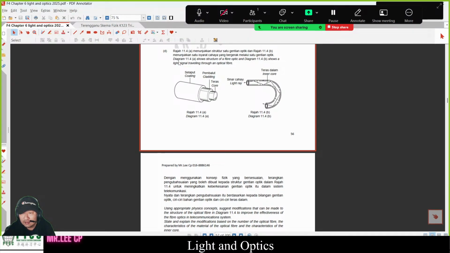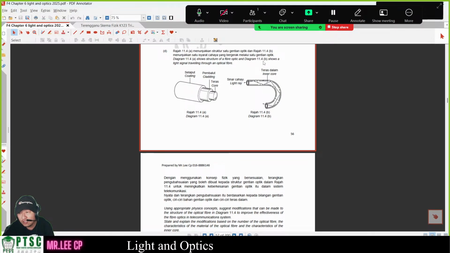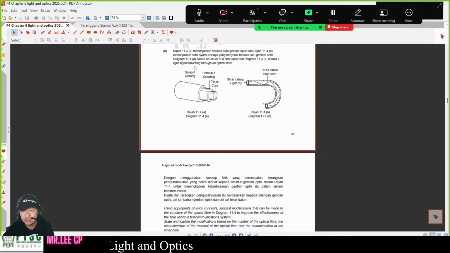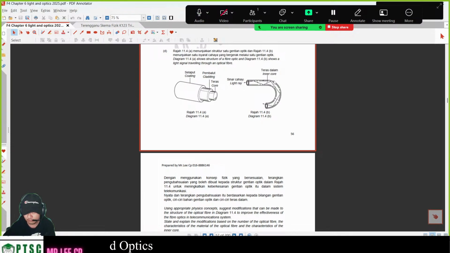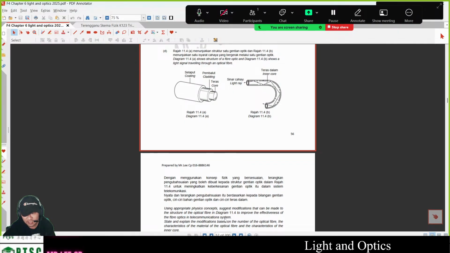Diagram 11.4a shows the structure of optical fiber. Diagram 11.4b shows the light travel through the optical fiber. Use an appropriate physics concept to suggest a modification that can be made to the structure of the optical fiber in 11.4a to improve the effectiveness of the optical fiber in a telecommunication system.